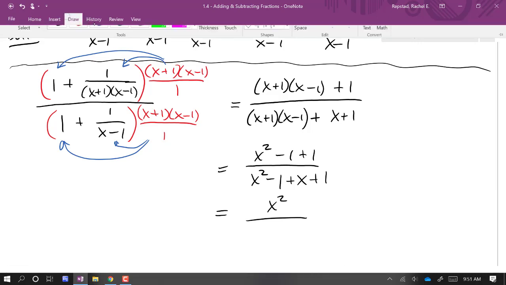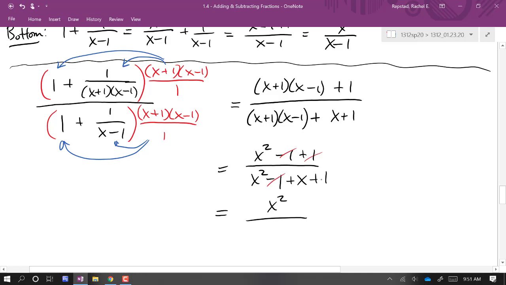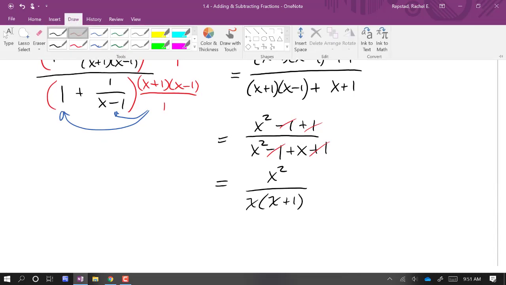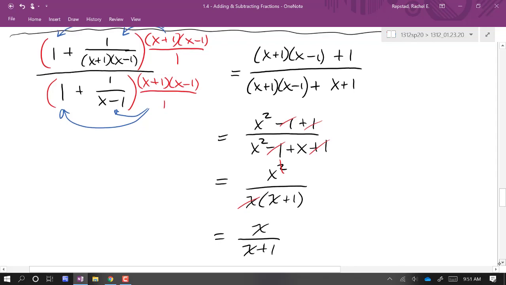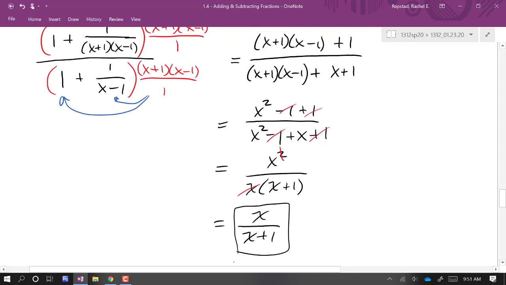X squared plus x means we could factor out an x times x plus 1. And we can cancel an x. And we get x over x plus 1. These two different techniques are equivalent to each other. They'll always lead to the same result, and so the technique you choose really is just a matter of preference.